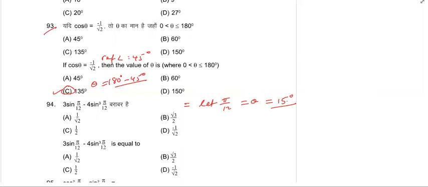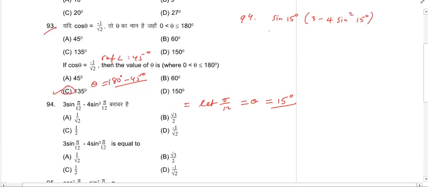Solving this problem, we can take out sine of 15 degrees as a common factor. We'll have 3 minus 4 sine squared 15 degrees.